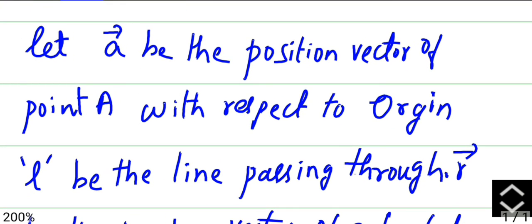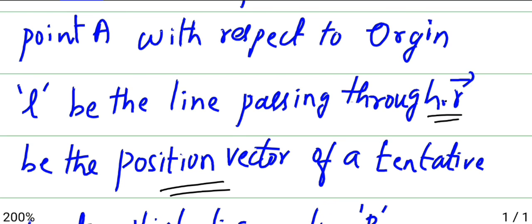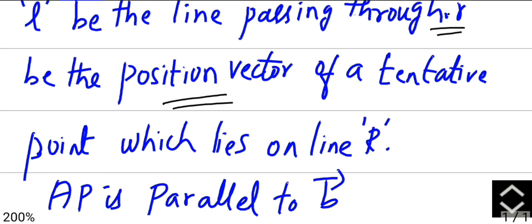Let A be the position vector of point A with respect to the origin. Let L be the line passing through A, and R vector be the position vector of the arbitrary point P which lies on the line L.